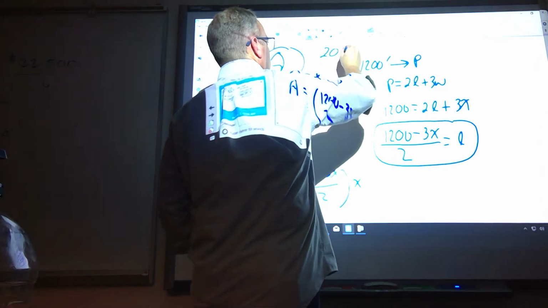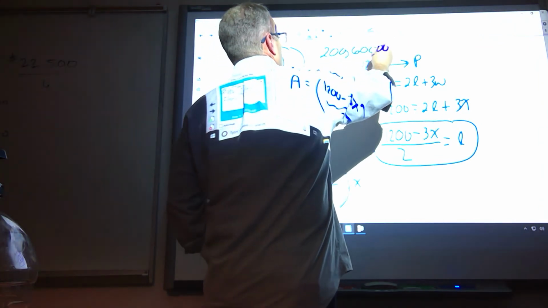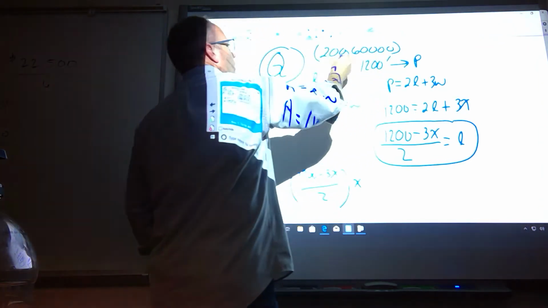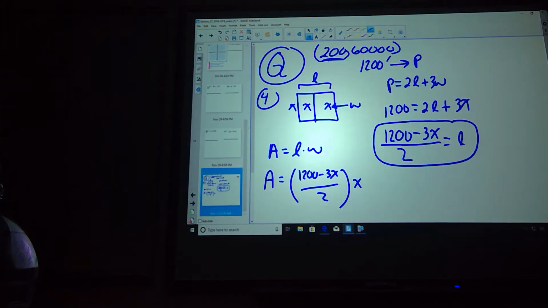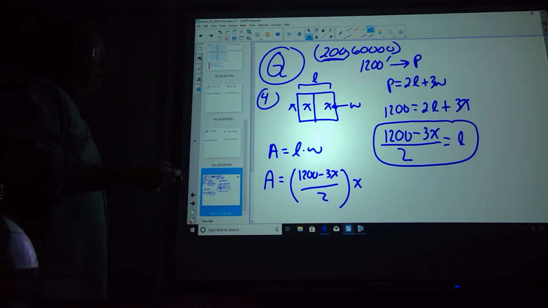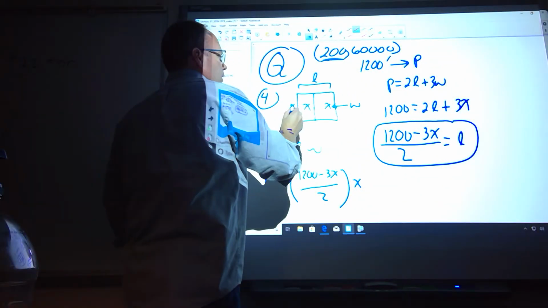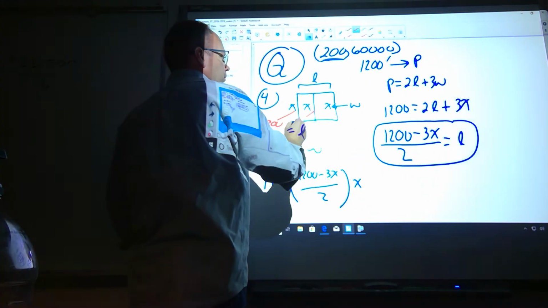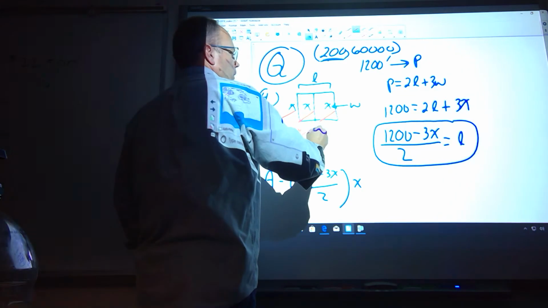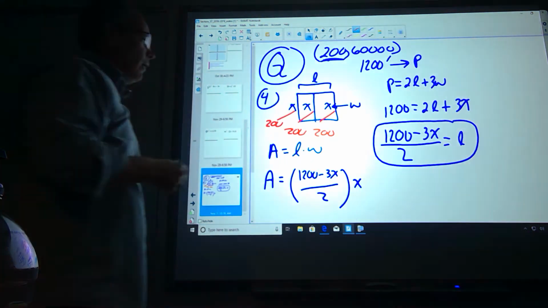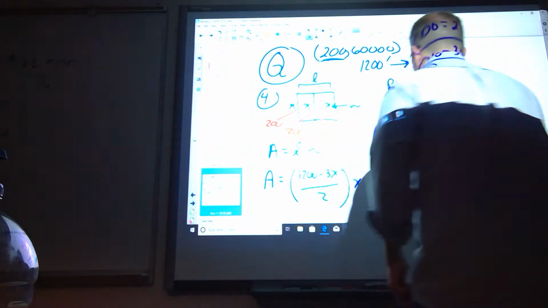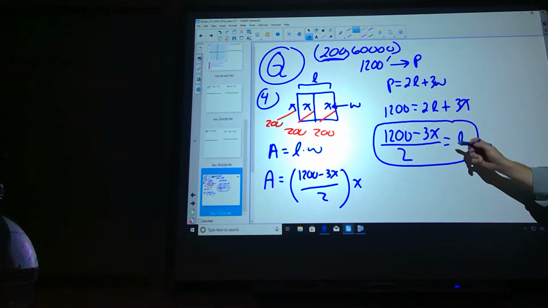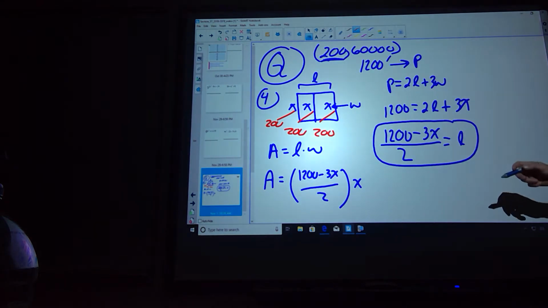So my vertex was this. That's an x value, agreed? So that means I would need each of these to be 200. And then if I wanted to find the length of it, my length equation is this. So 1,200 minus 600 is 600 over 2.